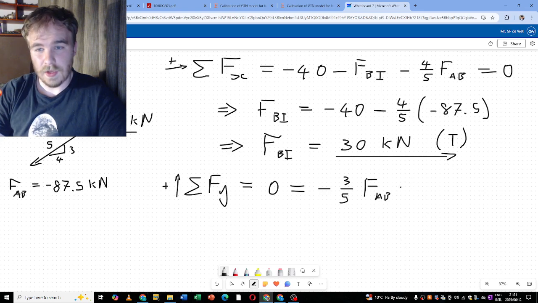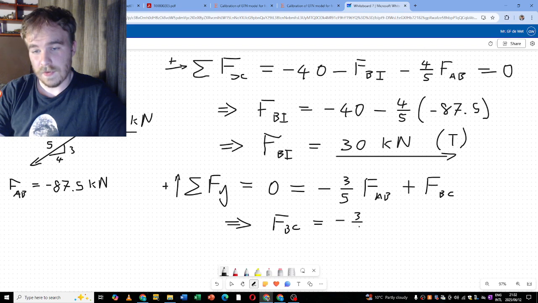And then we have one in the positive direction, that is FBC. Okay, we rearrange things to get FBC alone, and it's going to be equal to -3/5, but we swap that to the other side, so I made a mistake here. It's actually now a positive value, and the value of this guy is 87.5.